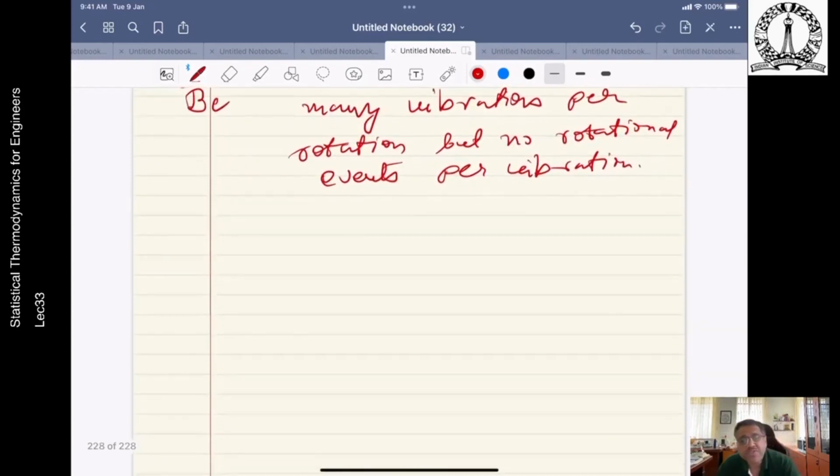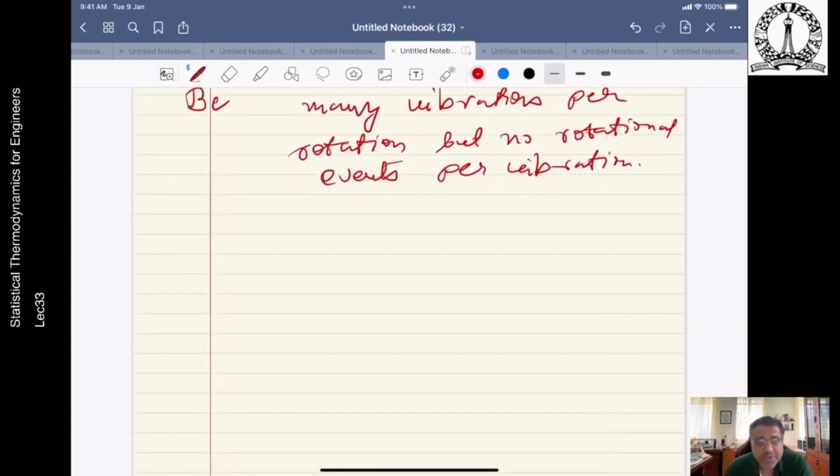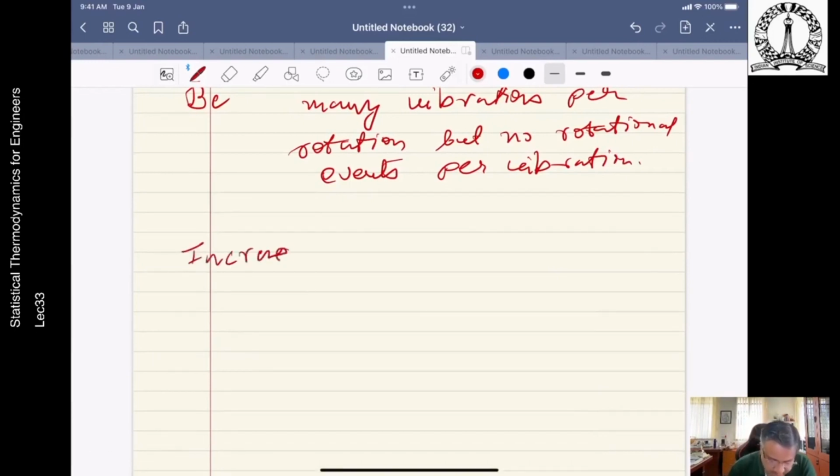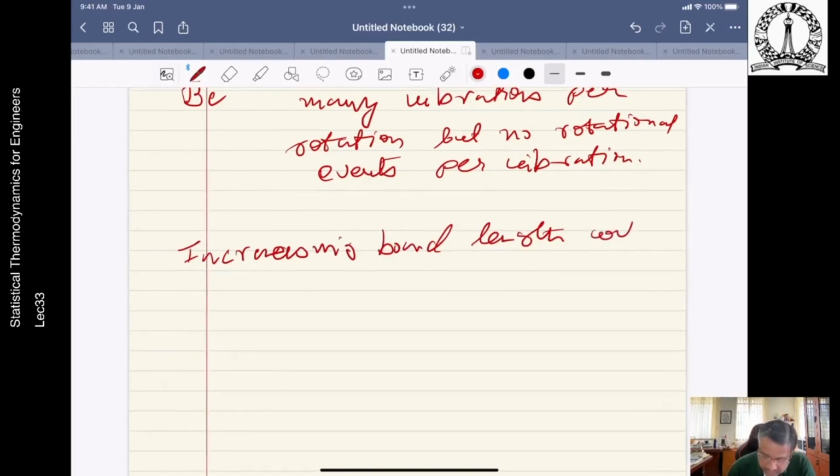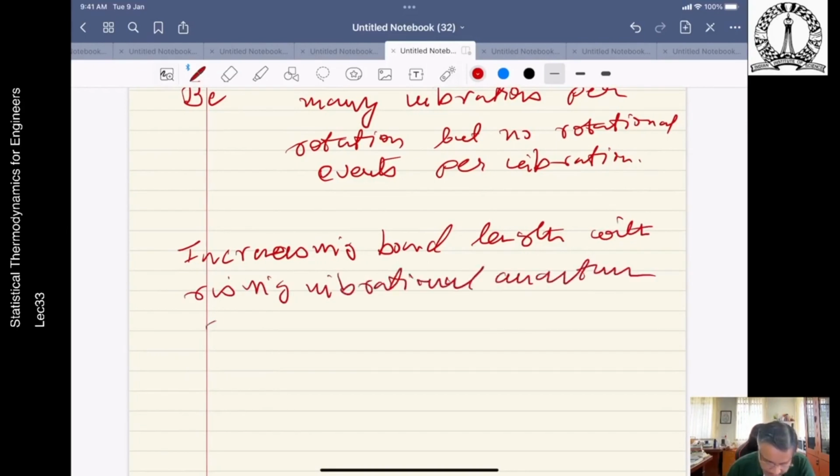So just to write it, if you look at the Morse potential, you will see that increasing bond length comes with rising vibrational quantum numbers. This further leads to an enhanced moment of inertia, enhanced Ie.